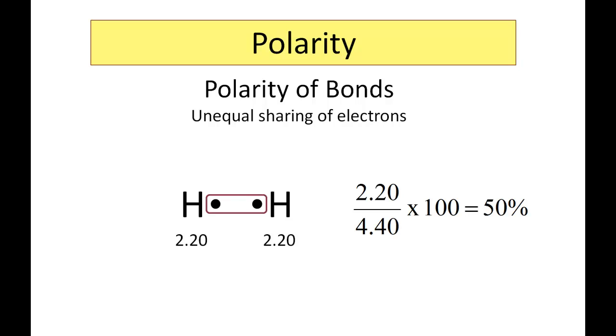So we will take 2.20 divided by 4.40 and multiply by 100, and you will notice that 50% of the time it's with one hydrogen and 50% of the time it's with the other hydrogen. That's what we call equal sharing and what we call a nonpolar bond. There's no unequal sharing there.